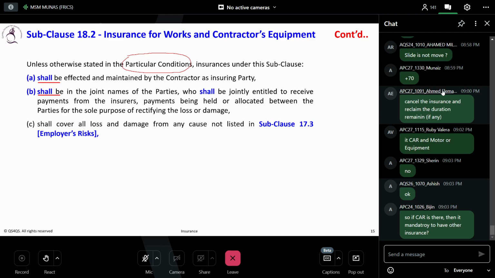Let's say you don't want the contractor to maintain the insurance, you want to go for an umbrella cover of the employer. Now what do you have to do in the particular conditions? Tell me. You have to say 18.2 not applicable. Do you understand? Yes or no? Or not required?